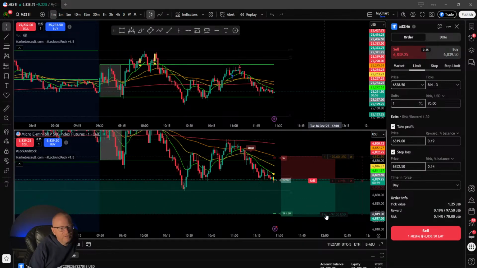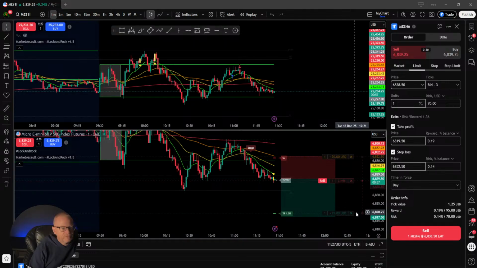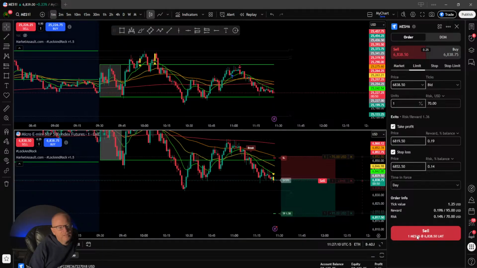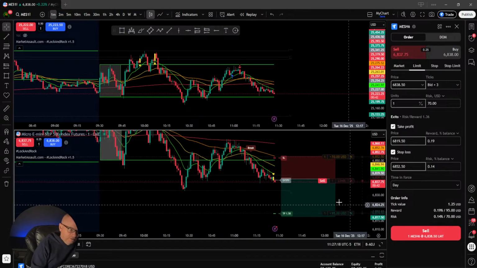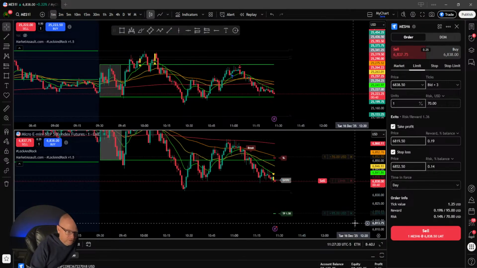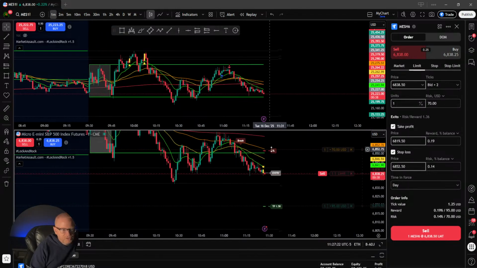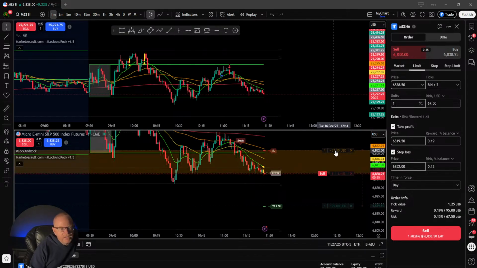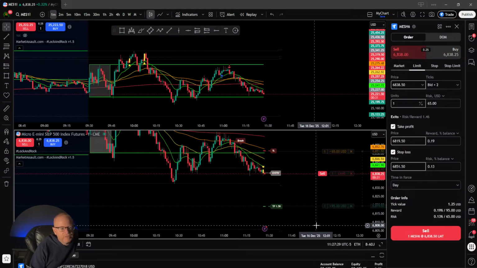Take profit, 1.5. Yeah, so it's keeping it up there based on the last signal that it gave.